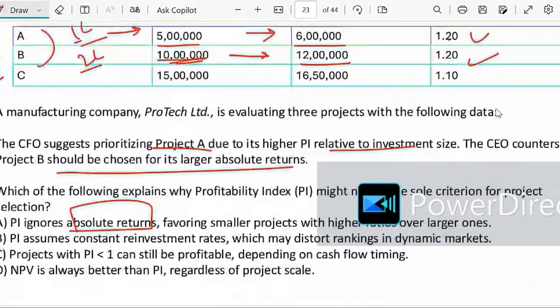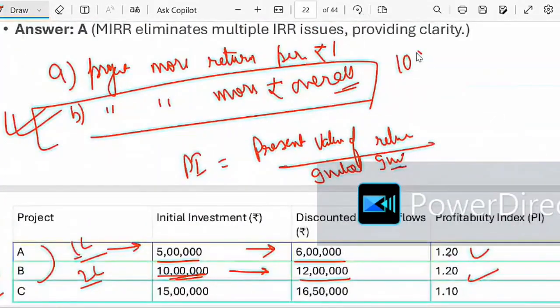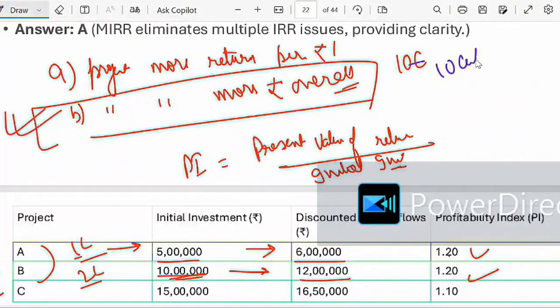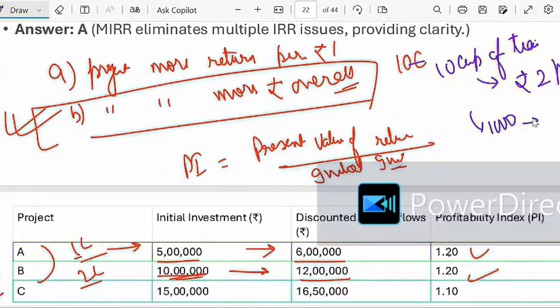You can think of it like this. Suppose you sell 10 cups of tea with rupees 2 profit each. So on 1 cup of tea, you are getting rupees 2 profit. But someone else sells 1,000 cups of tea with just 1 rupee profit.